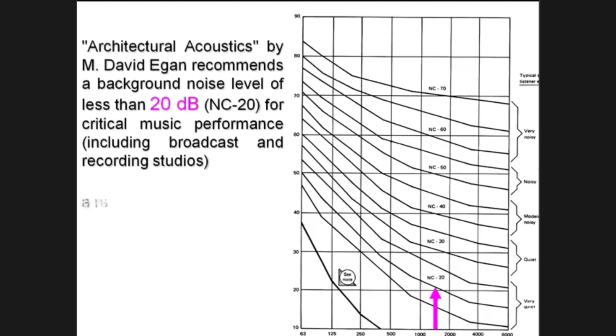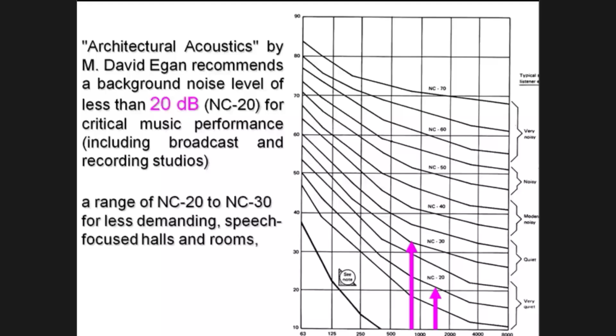For critical situations such as broadcast and recording studios, noise criteria needs to be very low, less than 20 dB. In less demanding situations, noise levels can be higher, 20 to 30 dB, and classrooms are ideally designed to have a noise criteria between 30 and 35.